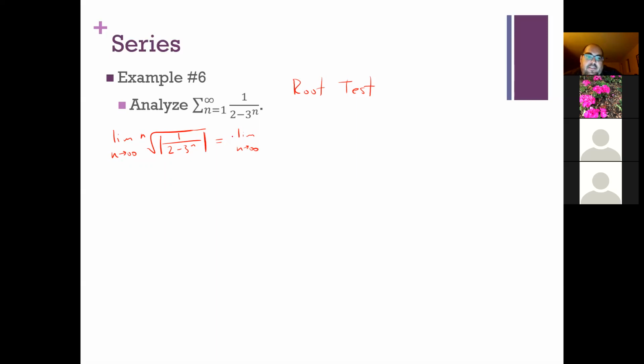And something I'm going to do here is this. Actually, I better not do that. Let's just keep it the way it is, a little less confusing. I'm going to rewrite this as the absolute value of 1 over 2 minus 3 to the n, raised to the 1 over n.